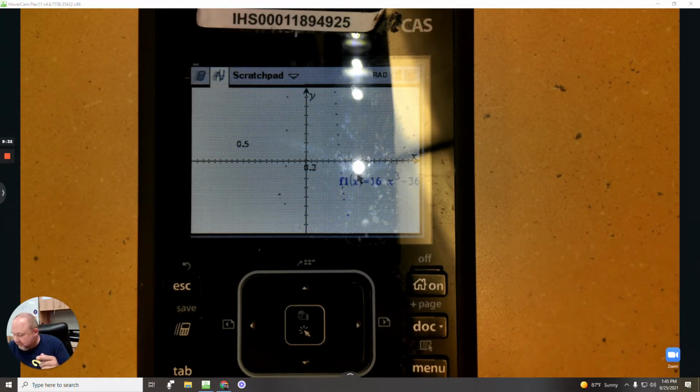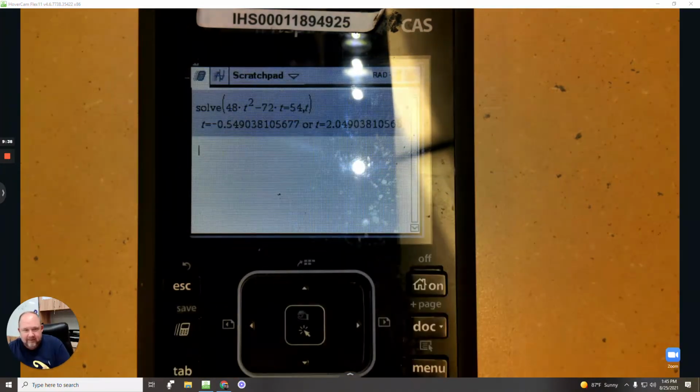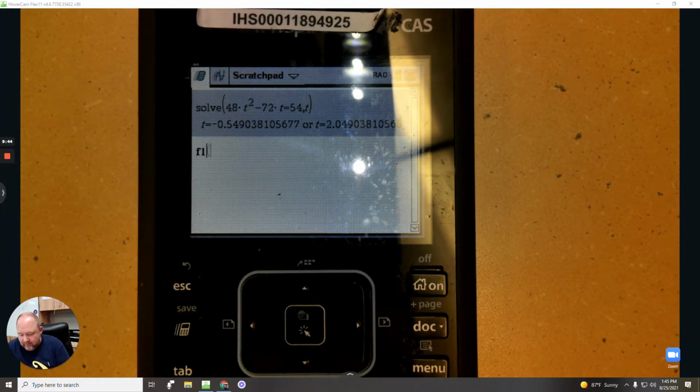So 16x cubed minus 36x squared plus 24. Now I'm going to press the toggle button again, and that's now been defined in my calculator as F1. So F1 at 2, subtract F1 at 0, and that's it.